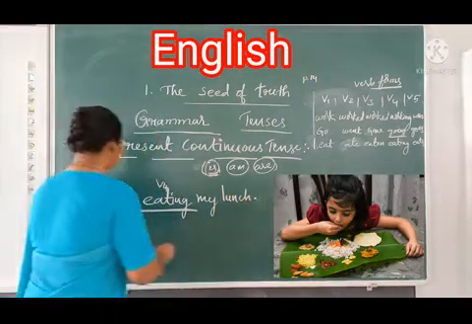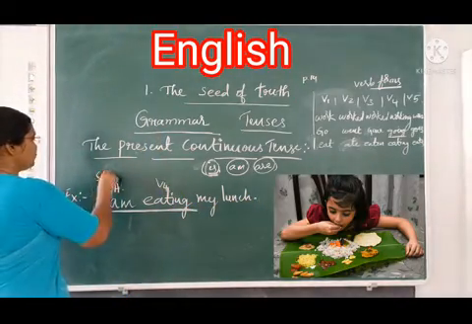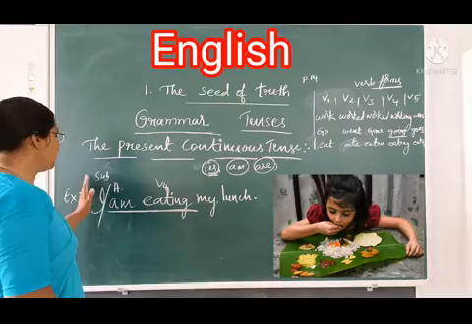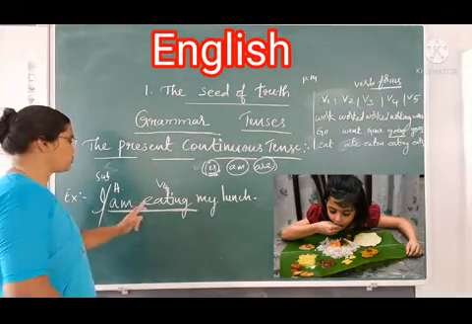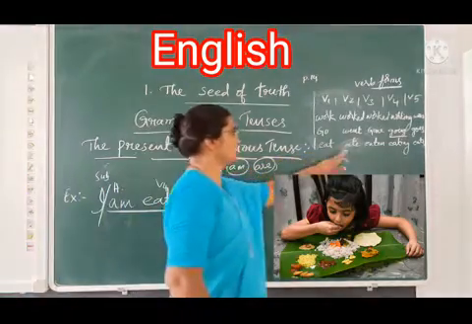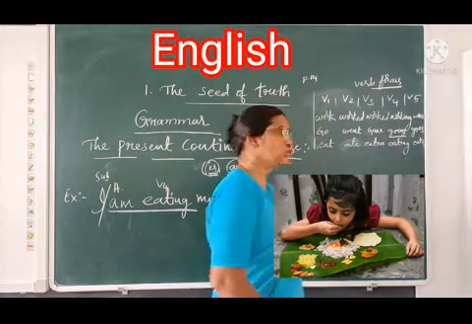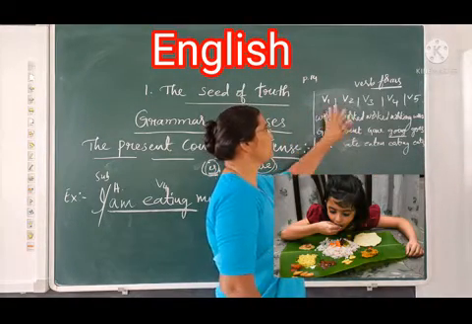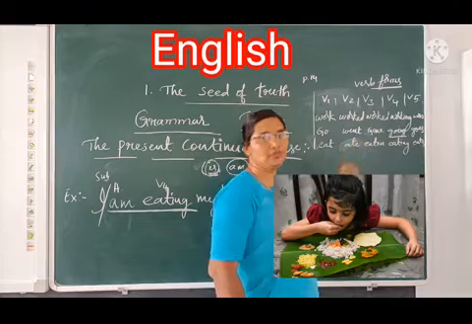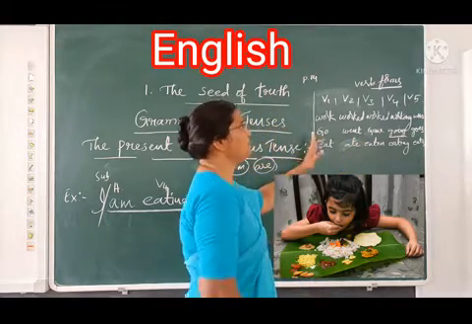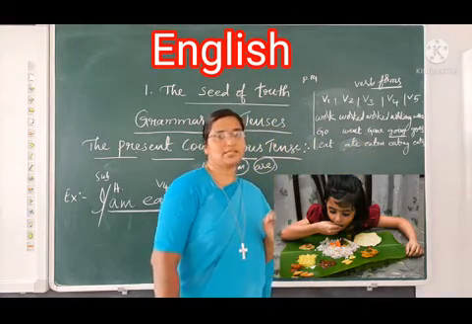My lunch. Are you clear? I is always the subject. You should remember, I is the subject, am is the helping verb to eating, V4. Eat, ate, eaten, eating, eats. So you should understand the verb forms V1, V2, V3, V4, V5. If you understand these verb forms, you can make good sentences.